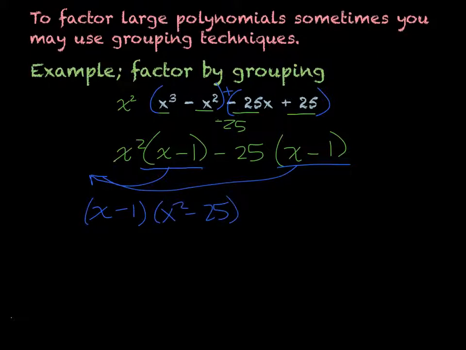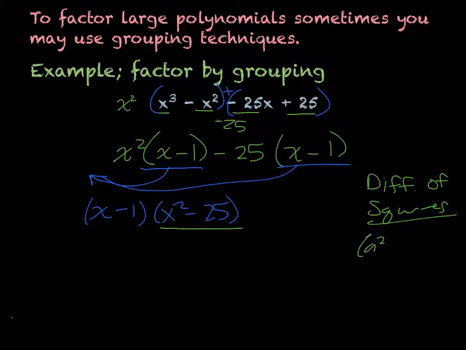Now at this point, we have to remember our difference of squares. That's going to tell me that if we have a squared minus b squared, that's going to be equal to a minus b, a plus b.